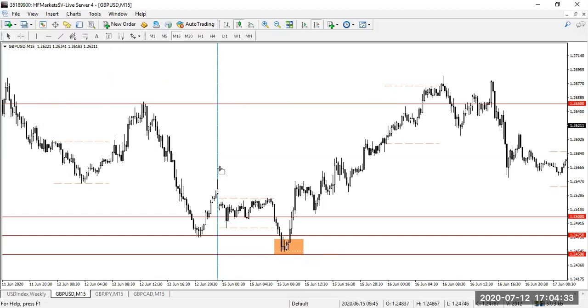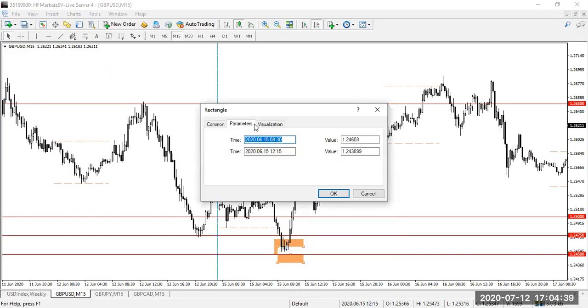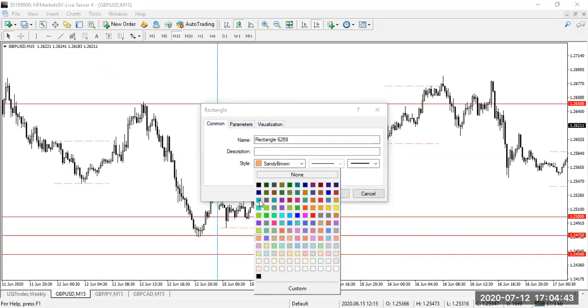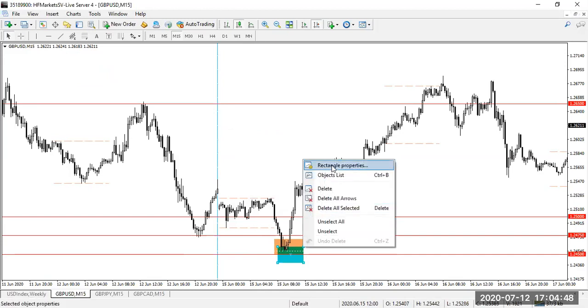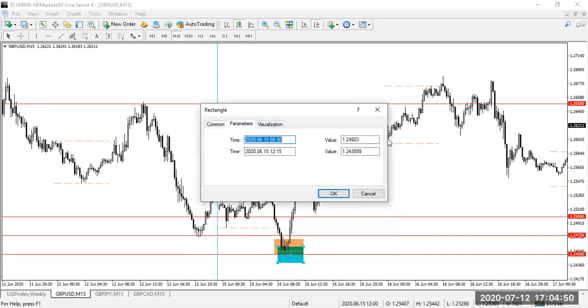When this candle closes, this is where I would go long. Let me use a different color. Of course, plus or minus some pips for spread. 24.6 is my entry price.